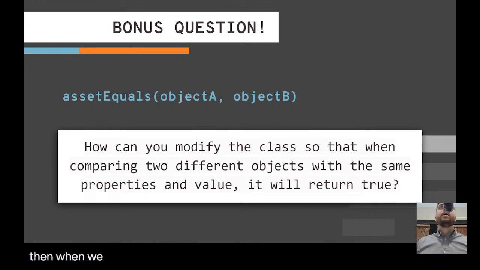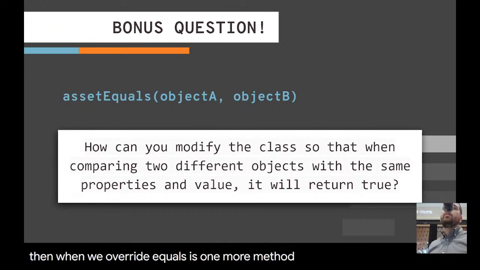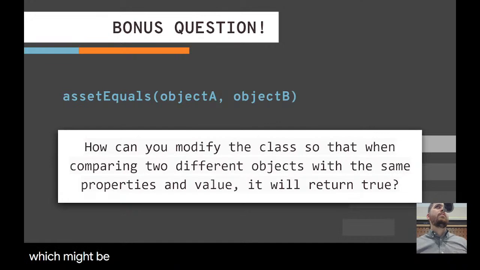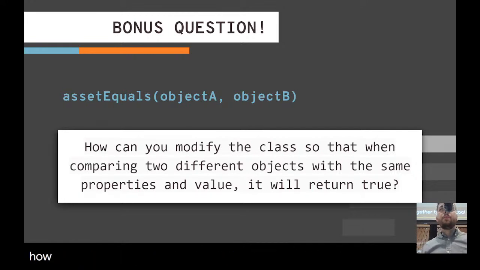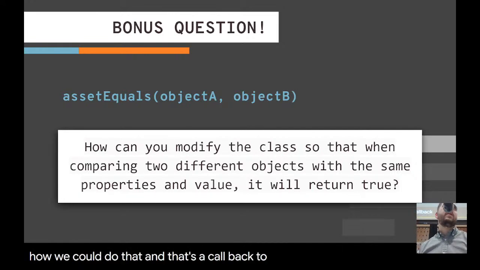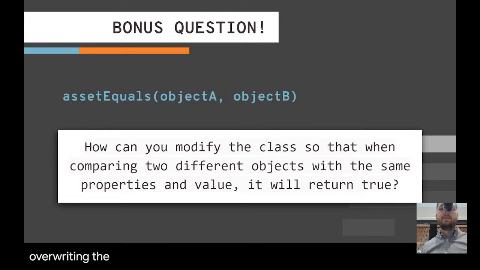And when we override equals, there's one more method that we typically override, which might be hash. Yes. So we override equals and the hash method together typically. Cool. And so that would be how we could do that. That's just a callback to last class when we were looking at overriding the equals method.